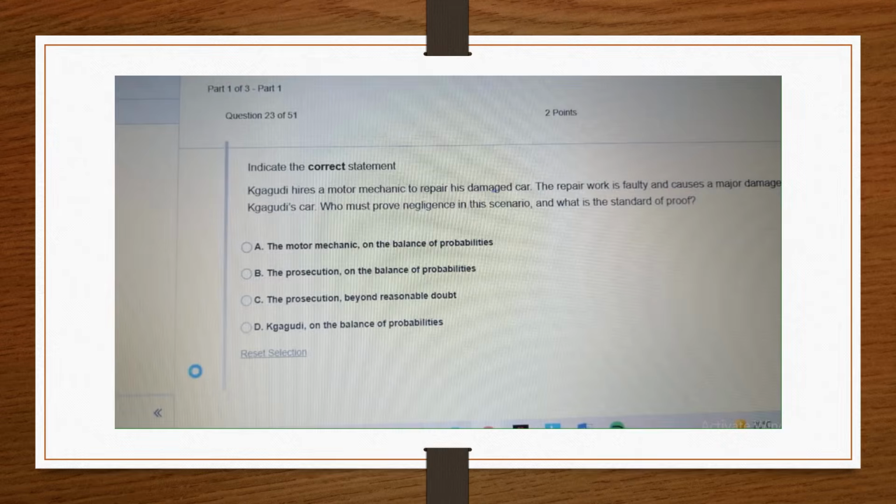The answer is option D, which says Khahudi, on the balance of probabilities. Yes. If you want to understand more about the balance of probabilities, check your CRW 1501 study guide, but for more information, try to get the CRW 2601 study guide. That's where most of the information is explained in full detail.